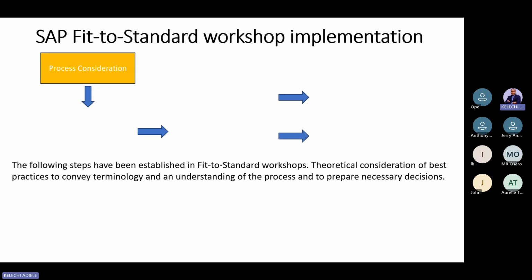So if we say we are doing a fit to standard workshop implementation, what are the processes? First, you have to do a process consideration. Since you have gathered all the requirements, you now have to do what we call a process consideration. After that, you need to do a process demo. Now we have gathered the requirements and we understand the gaps, so the next step will be to do a demo of the process.